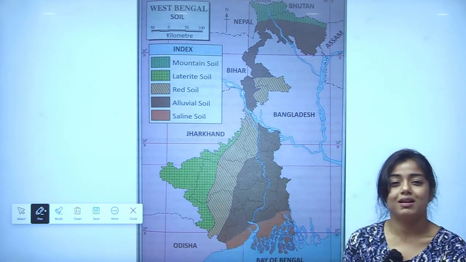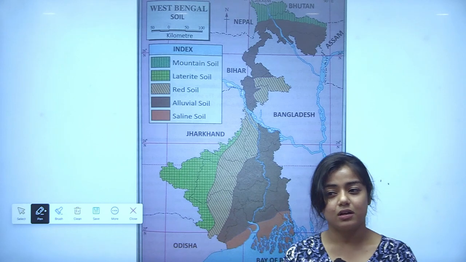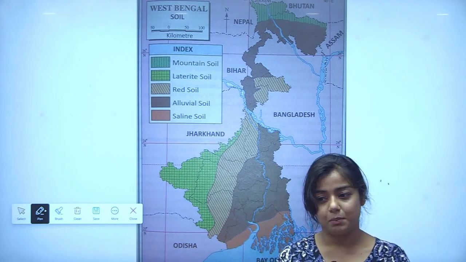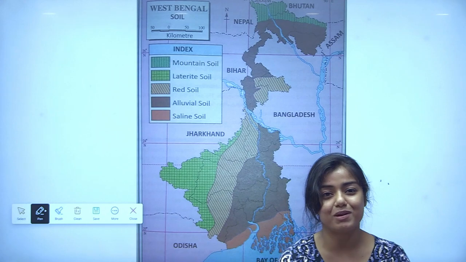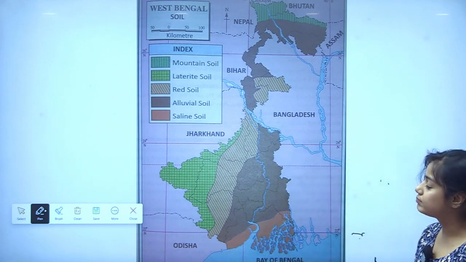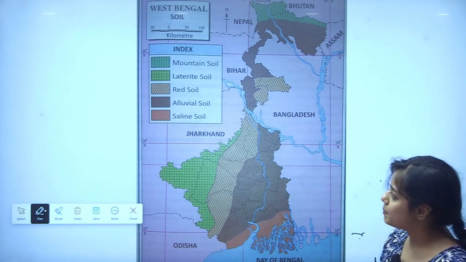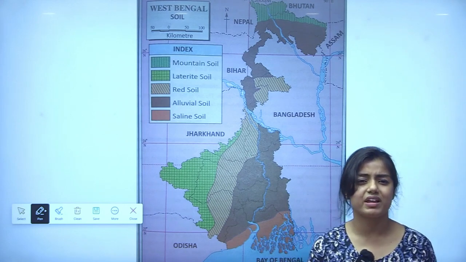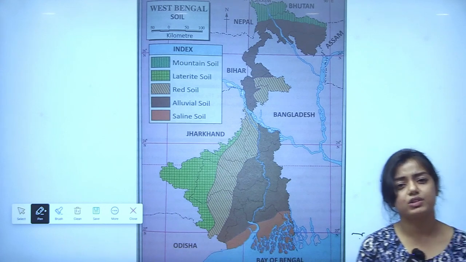And also laterite soils are famous because of the phenomenon of leaching. If you people know, you know. So this is why laterite soils are famous, but it is not a very good soil for cultivation, especially for food crops.